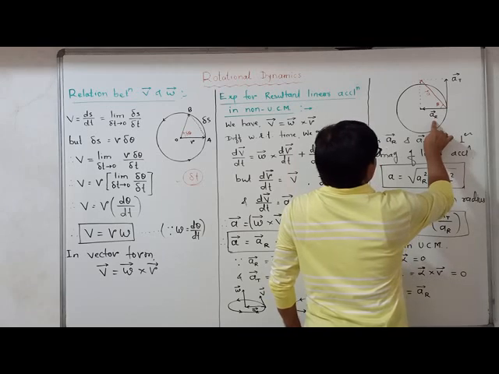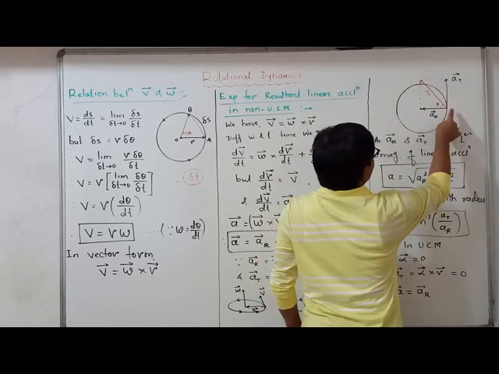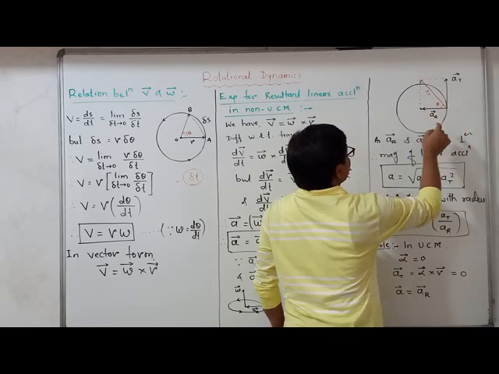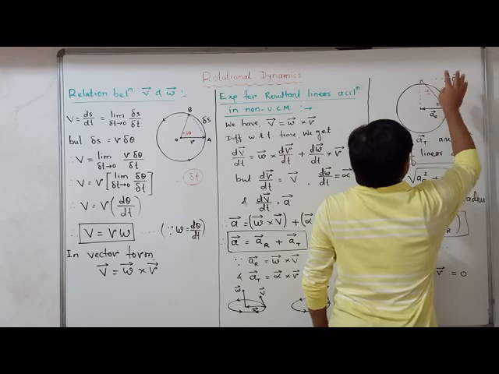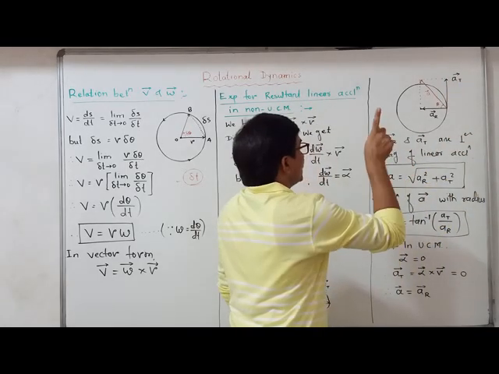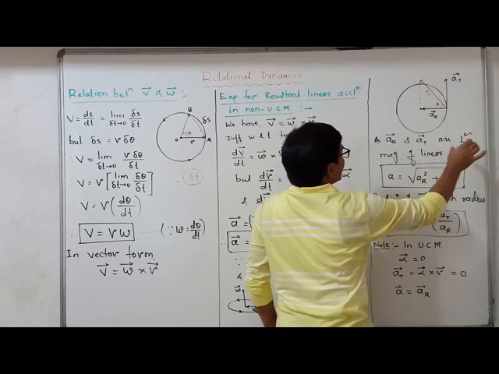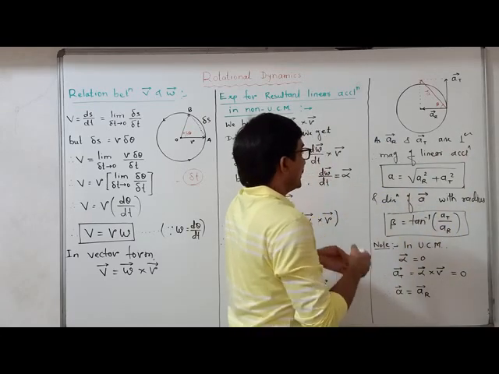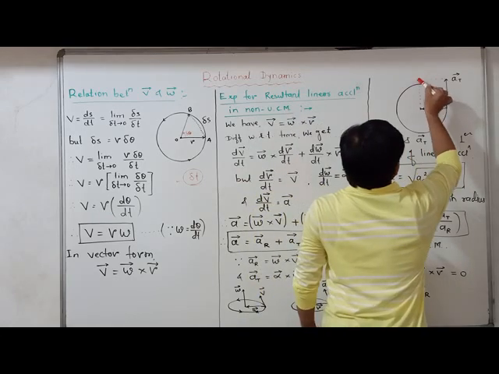Here we have to show this in the diagram. Vector ar and vector at are mutually perpendicular.